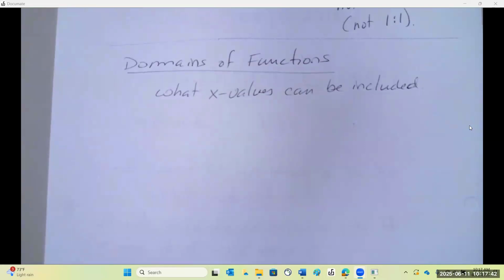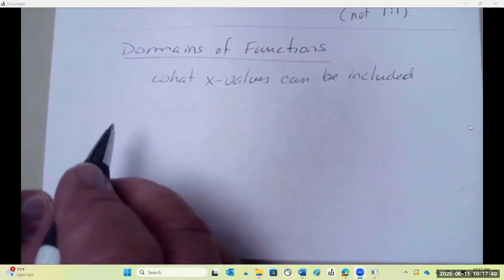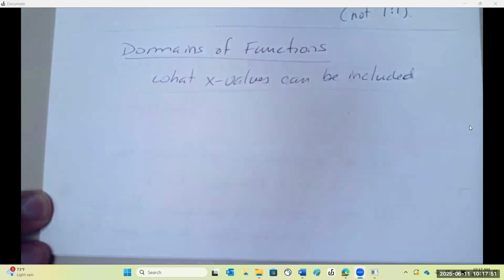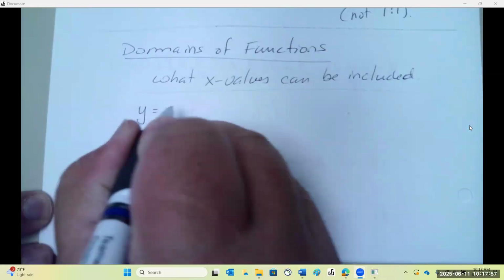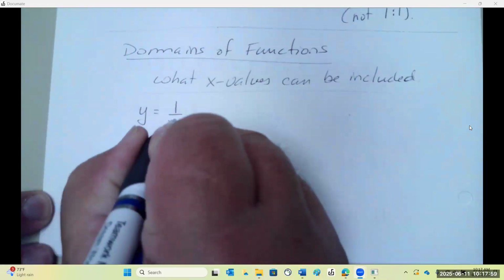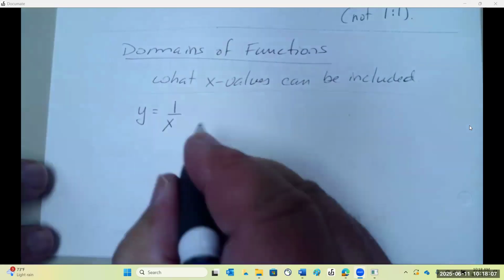And this is a whole topic we're going to discuss later on as well. For example, what X values can I not use there? Right.